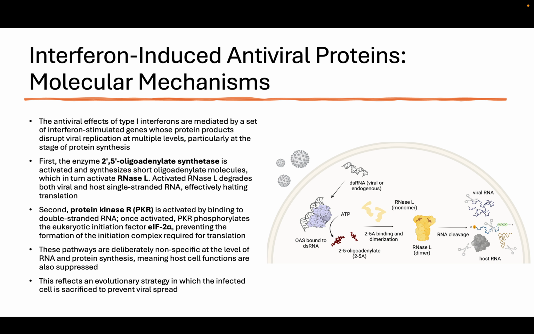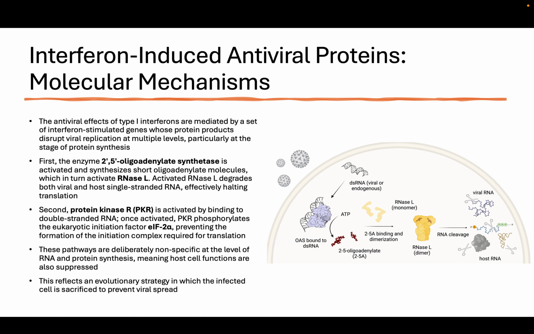So it stops both viral and host single-stranded RNA, because no matter what virus you have, be it DNA or RNA viruses, they will always have a single-stranded RNA that is ready to be translated.